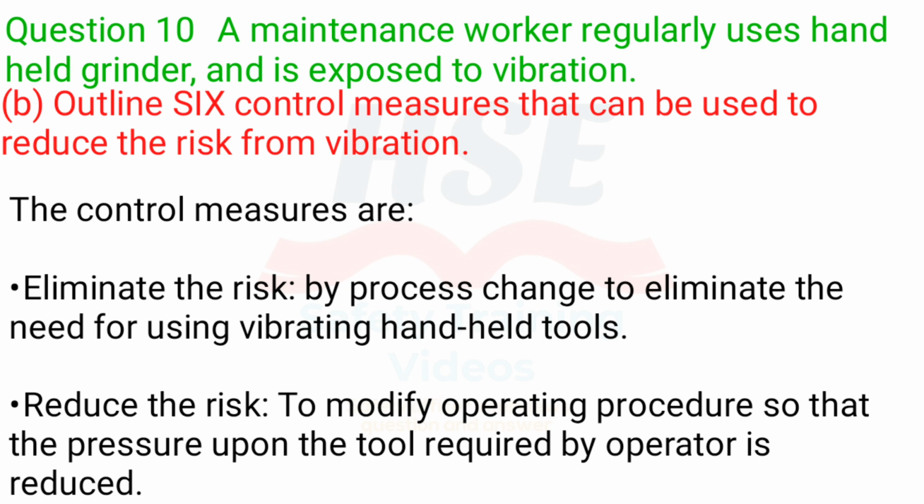C. Outline 6 control measures that can be used to reduce the risk from vibration. The control measures are: eliminate the risk, by process change to eliminate the need for using vibrating handheld tools. Reduce the risk, by modifying operating procedure so that the pressure upon the tool required by the operator is reduced.